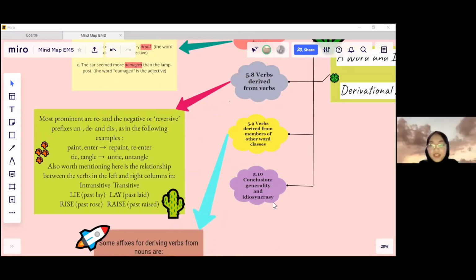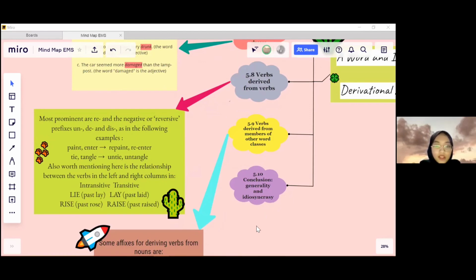So the next one is verbs derived from verbs. Prefixes re- and negative ones such as un-, de-, dis-. Transitive verbs are ones with an object noun phrase, usually indicating the thing or person that is the goal of the action of the verb.